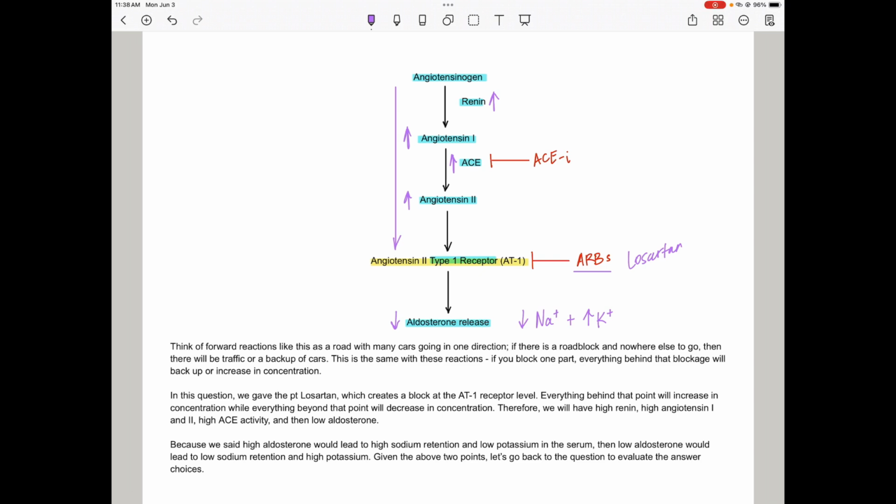Okay, so with this in mind, and given these points, we can now go back to the answer choices and take a look at what fits and what doesn't. So again, we are looking for high renin, high angiotensin 1, high ACE activity, high angiotensin 2, but low aldosterone, okay? Because this is what losartan is doing. It's blocking our type 1 receptors here.